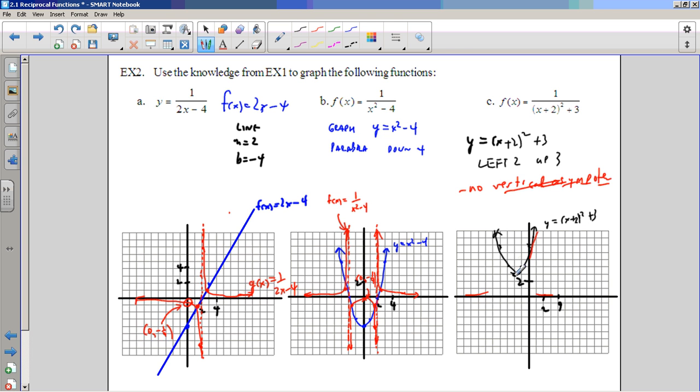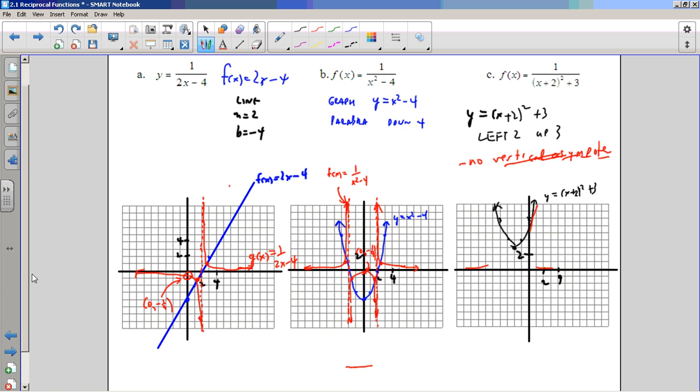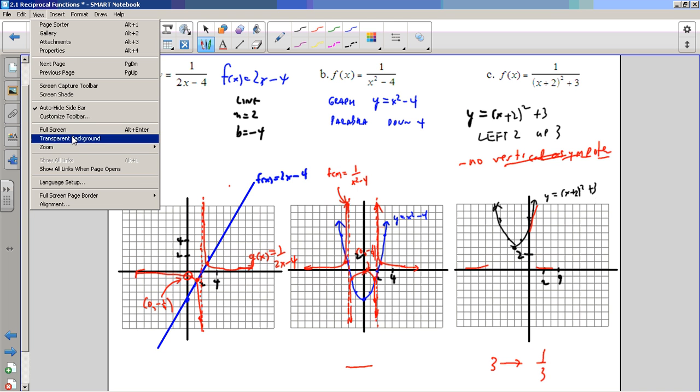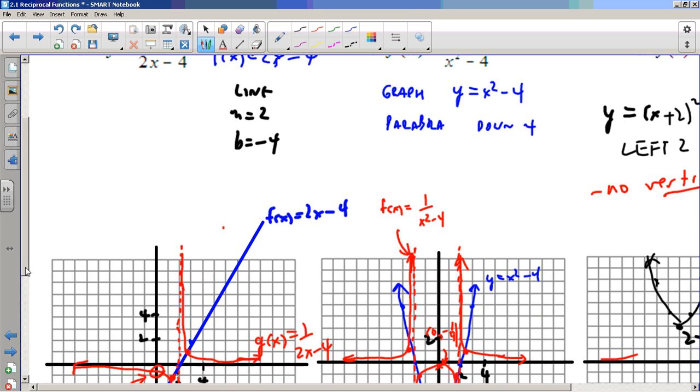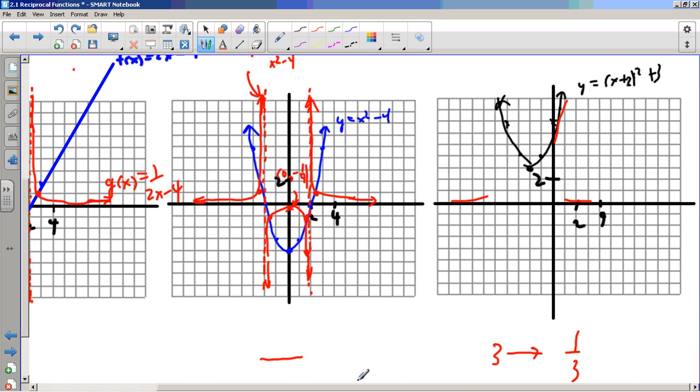Well, this has an output of 3, so that means its reciprocal is 1 over 3. So if I zoom in here, get nice and close, this was 3. Its reciprocal is 1/3.